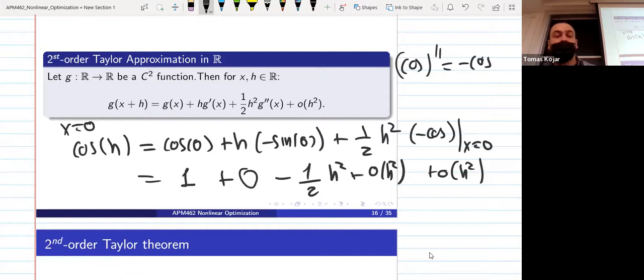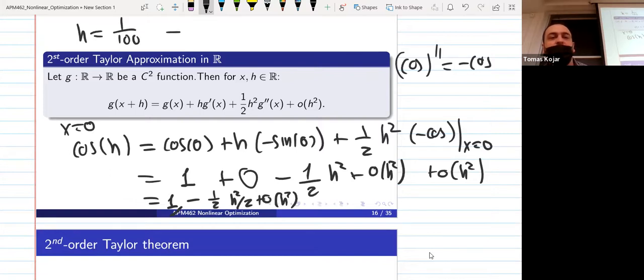Okay, so what does it say? It says that you go to 0 at least h squared fast, like you guys said. So you actually go to 1 even faster than linear. You go h squared. Actually, this is a good example.